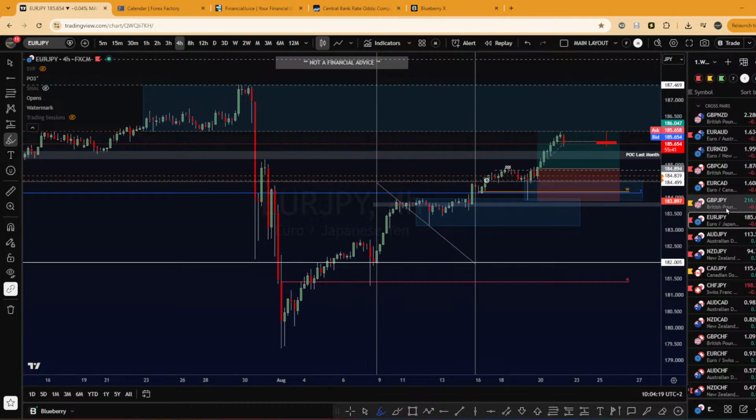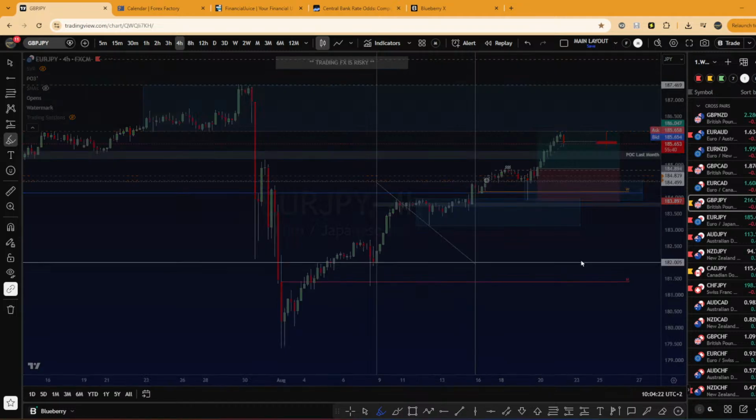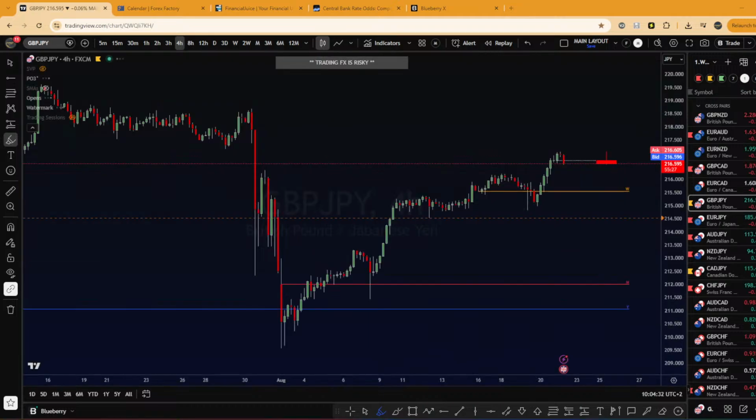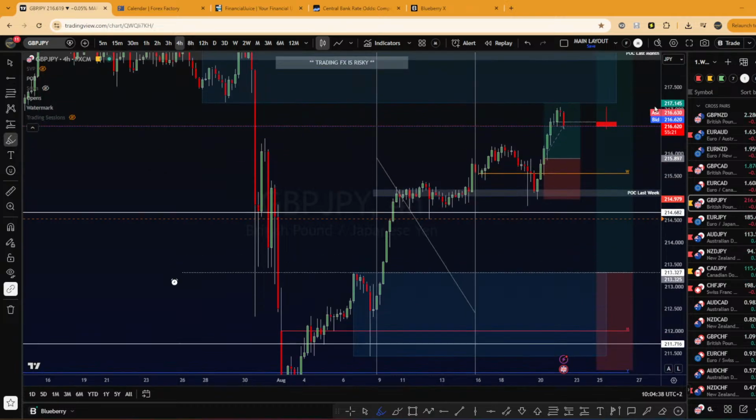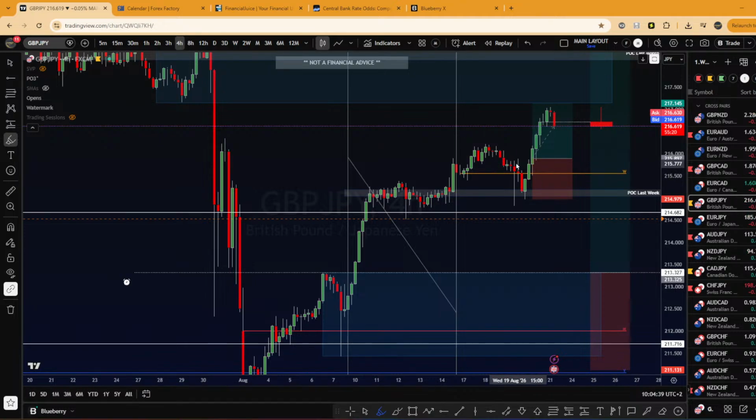Yes, pound yen was already on my list. Excuse me, we have some issue with TradingView. So pound yen, you see, same order flow bullish. This is the same order flow bullish.